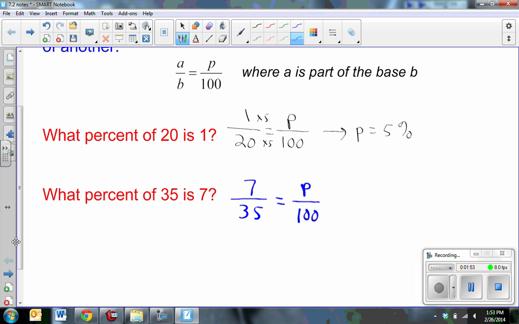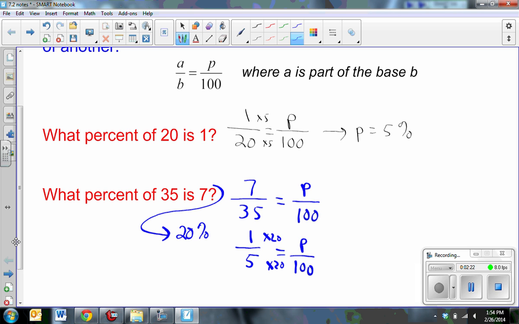Can you see that 7 and 35 are not relatively prime, and that 7 over 35 is the same as 1 over 5? So if you can see that, then it'll be a little bit faster for you, right? Because we know 5 goes into 100 20 times, so therefore P, our answer here, is 20%, right?